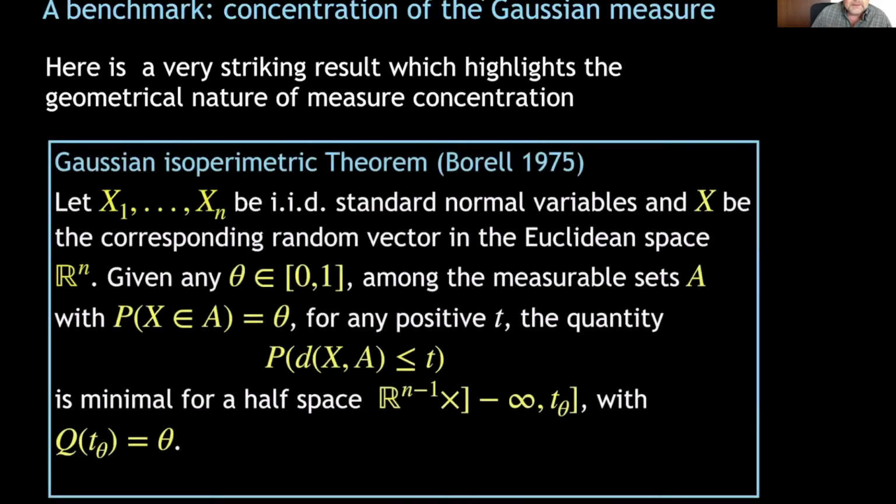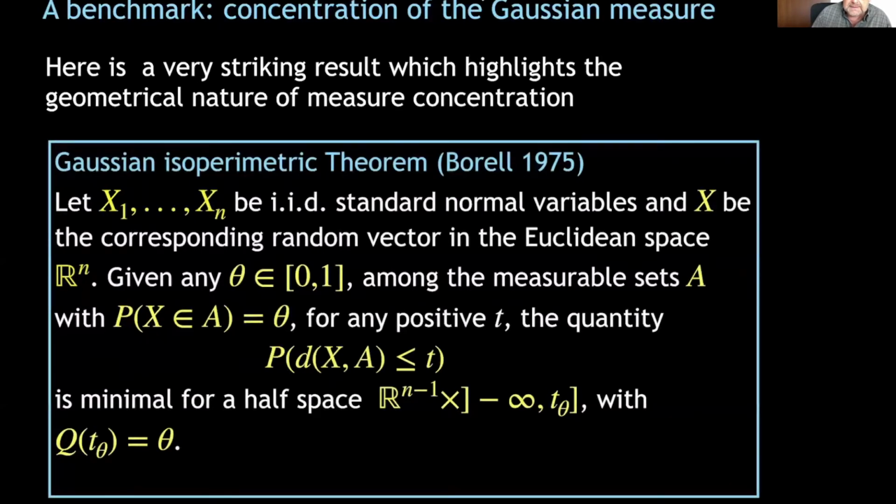Okay, so this is the Gaussian isoperimetric theorem, which is due to Christer Borell. You are just considering IID standard normal variables, and so the random vector with coordinates corresponding to these variables. So you get a standard Gaussian random vector in the Euclidean space R^n.